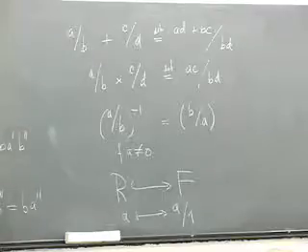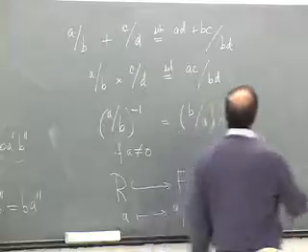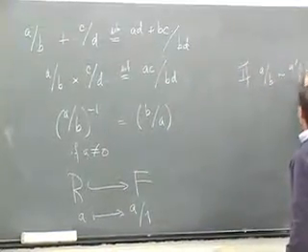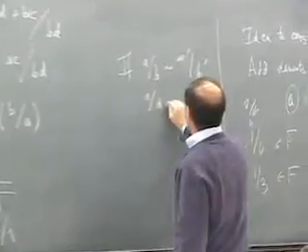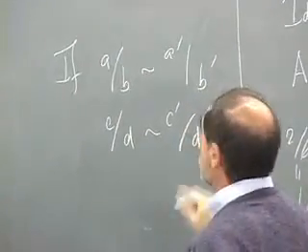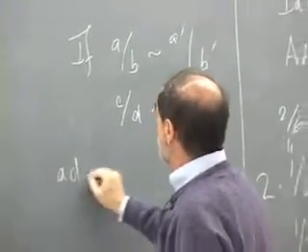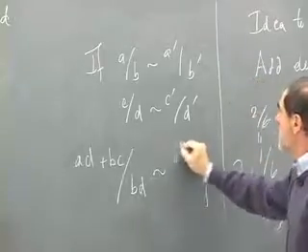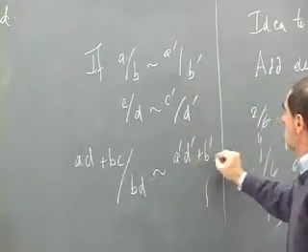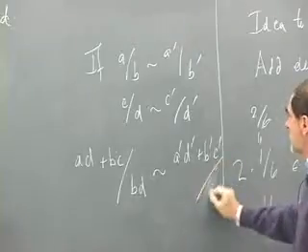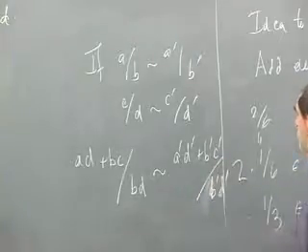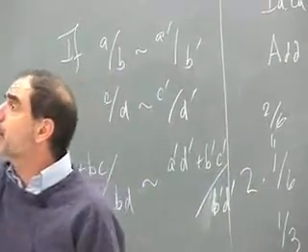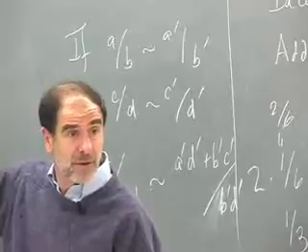So you have to check that if A over B is equivalent to A prime over B prime, and C over D is equivalent to C prime over D prime, then you have to check that AD plus BC over BD is itself equivalent to A prime D prime plus B prime C prime over the B prime D prime. Namely, otherwise addition isn't well defined. You could choose a different representative of your equivalence class and get a different answer.